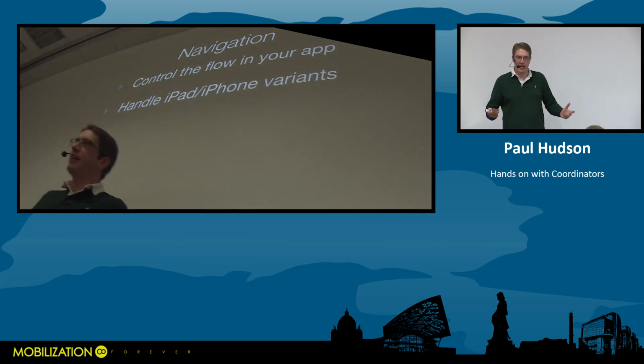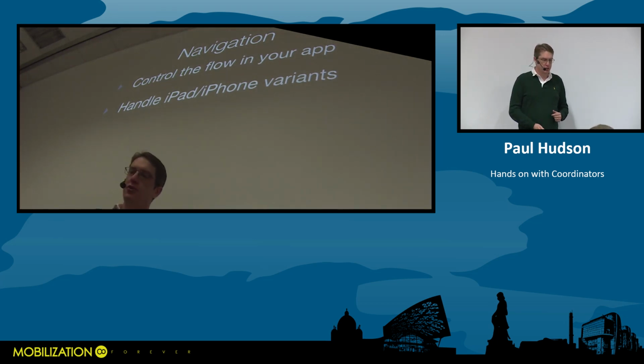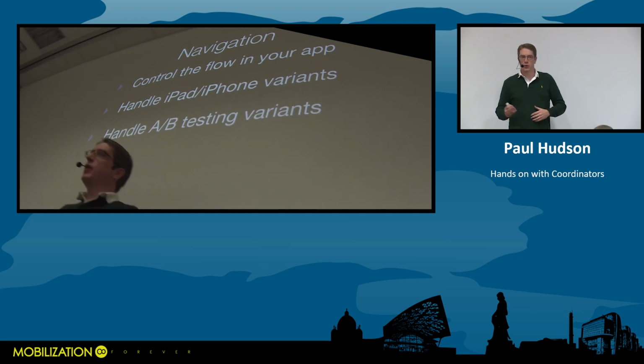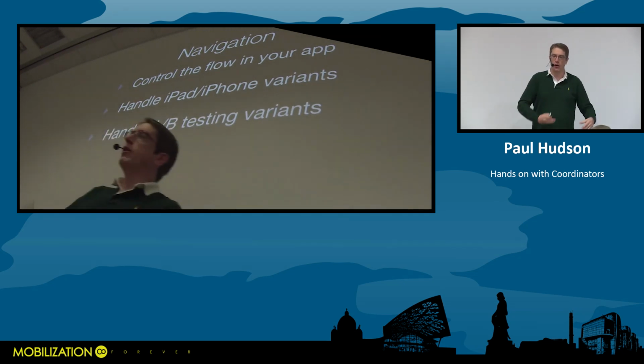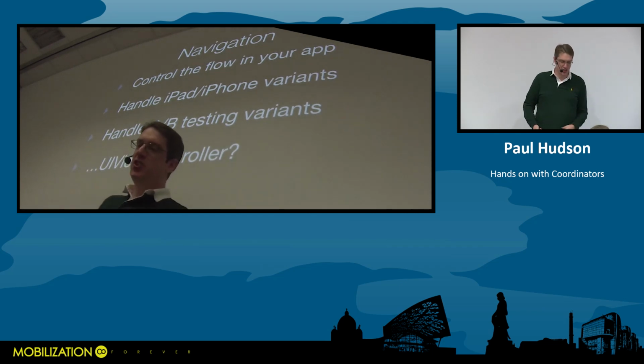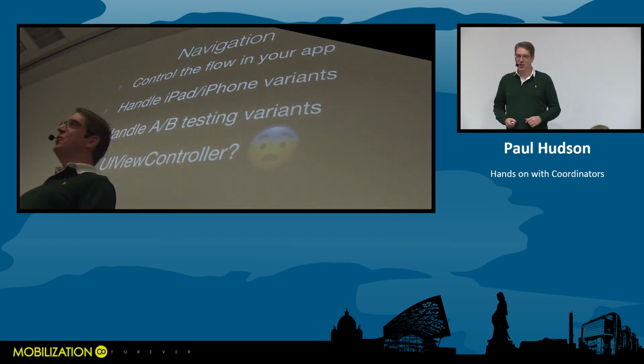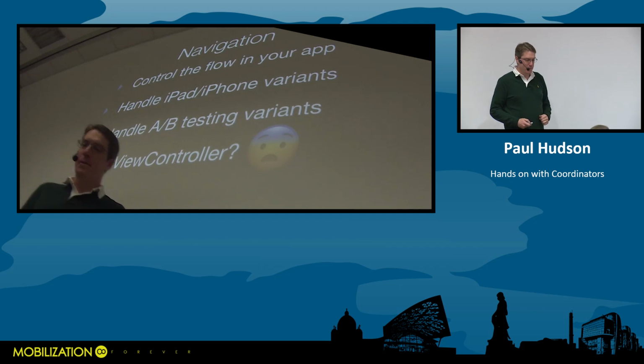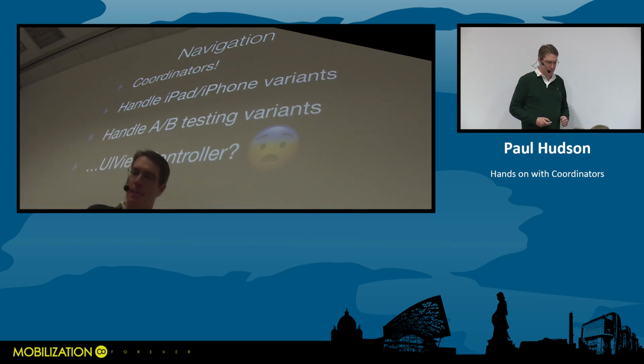Different sizes of screen, different behaviors. Do you say, well, for this user, we'll do A/B testing to show this flow or a different flow, and more? Your navigation becomes more complicated. And where do we put this code? Of course, into our best pal, UIViewController, which is a bad idea.